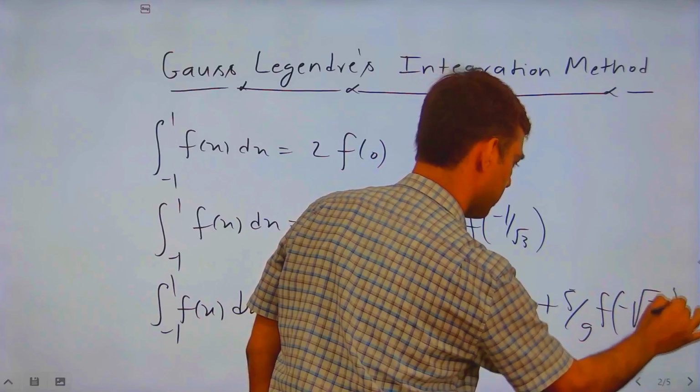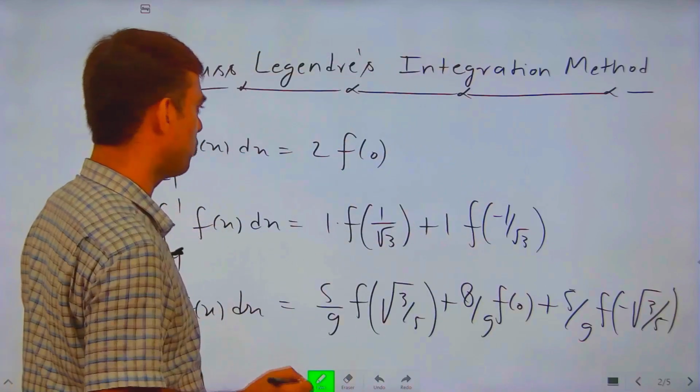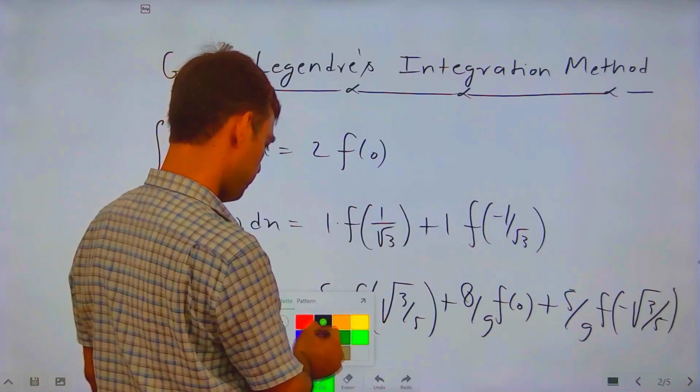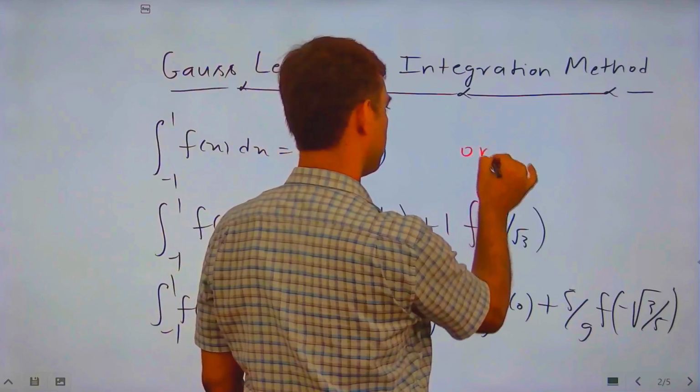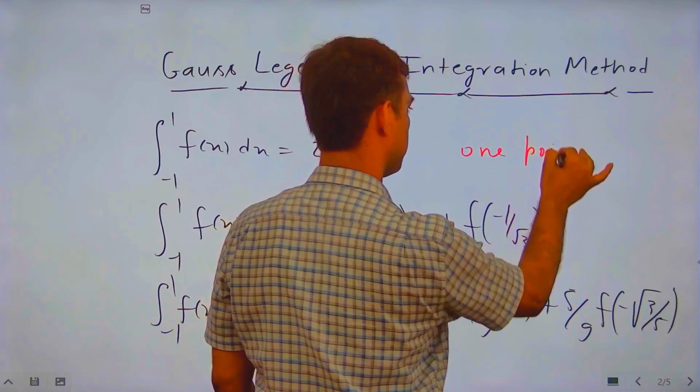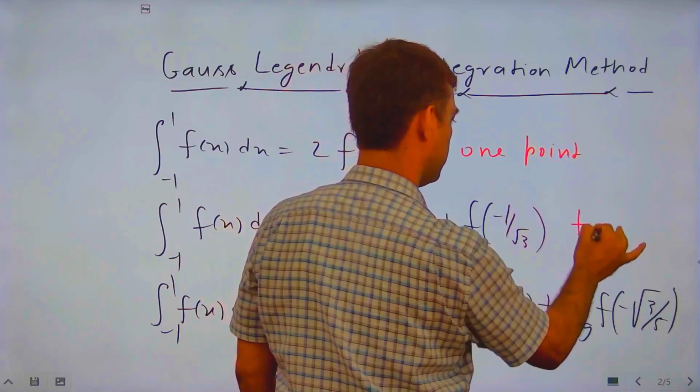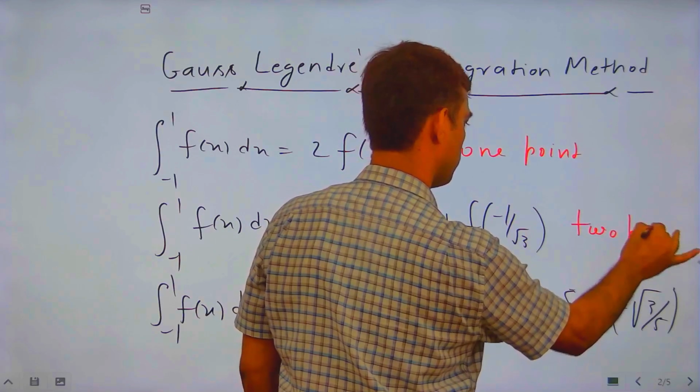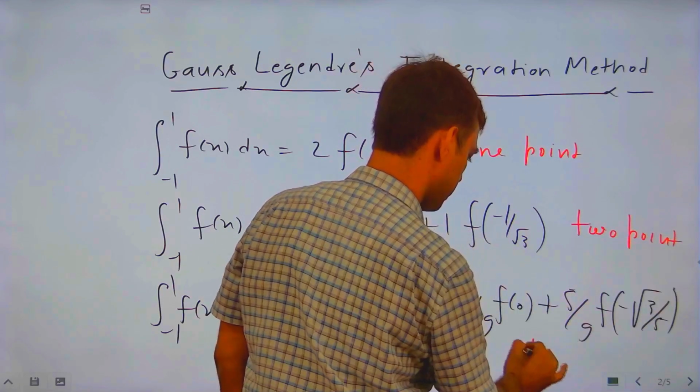So, this is the 1-point formula, this is the 2-point formula, and this is the 3-point formula.